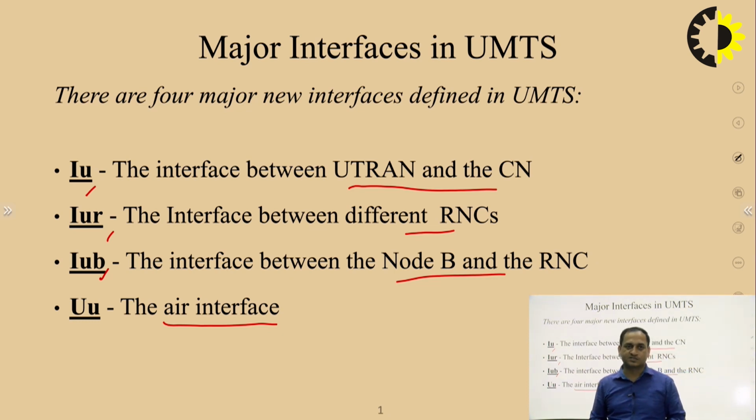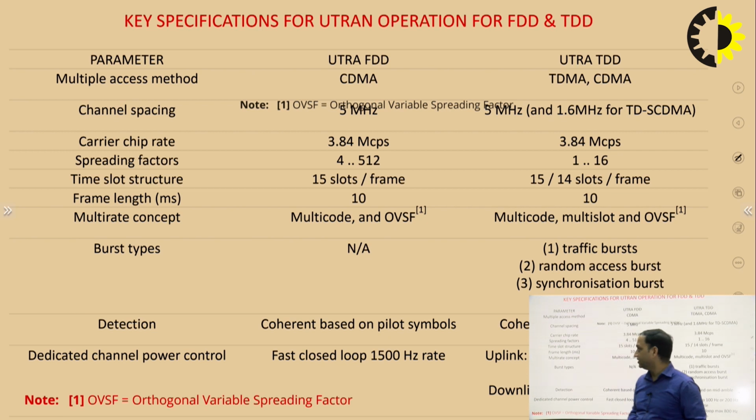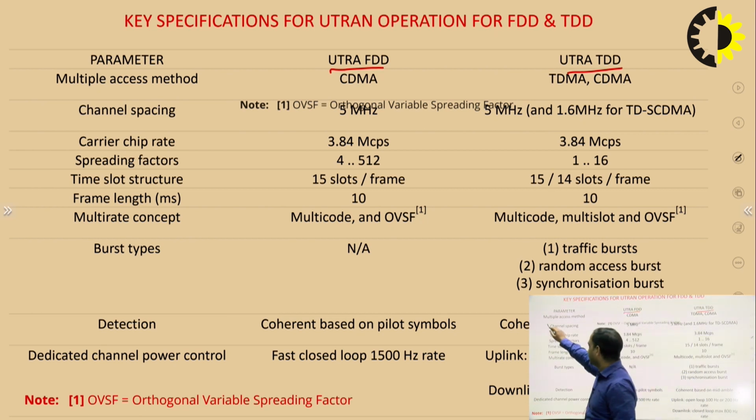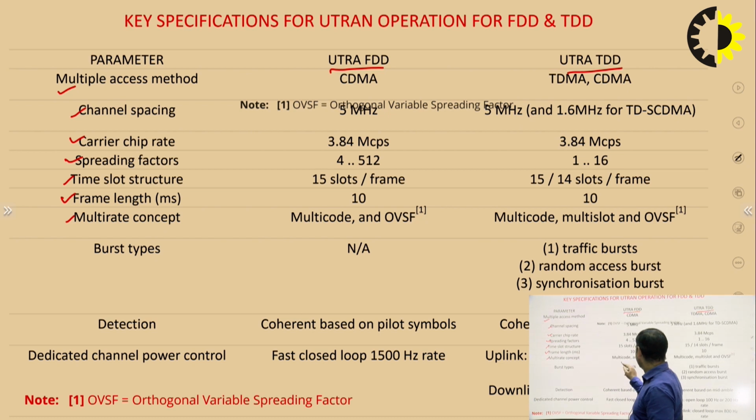So these are the key specifications or differences between UTRA FDD and UTRA TDD. Okay, so these differences are very important. The parameters for that are multiple access method, channel spacing, carrier chip rate, spreading factor, time slot structure, frame length, and the multi-rate concept, which uses multi-code and OVSF, that is orthogonal variable spreading factor, right?